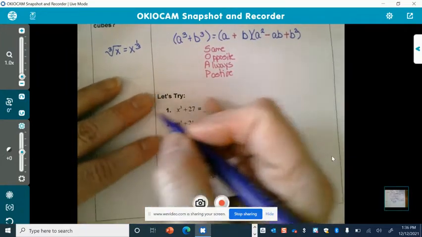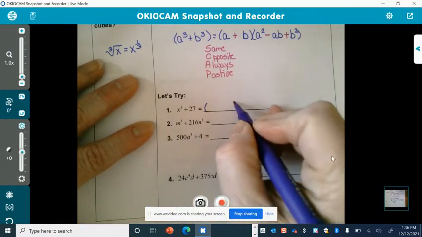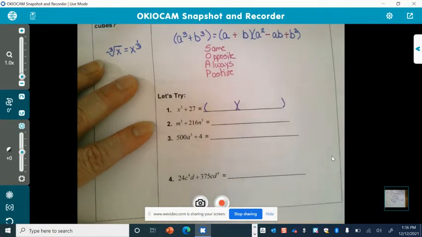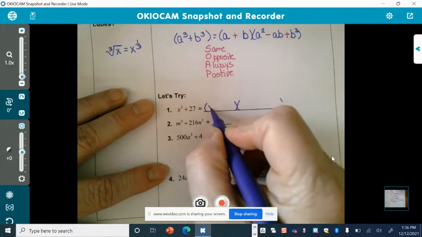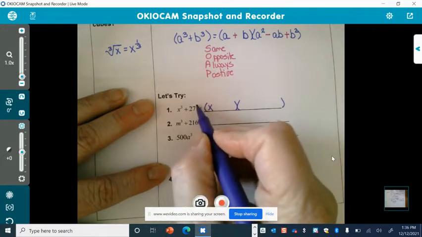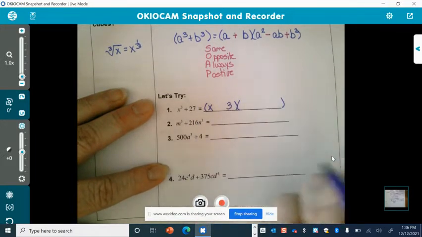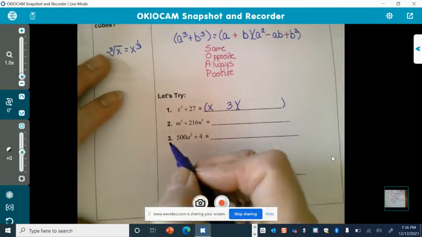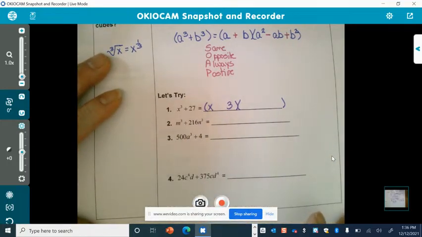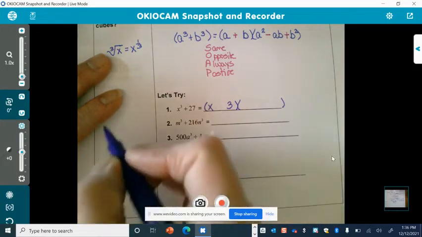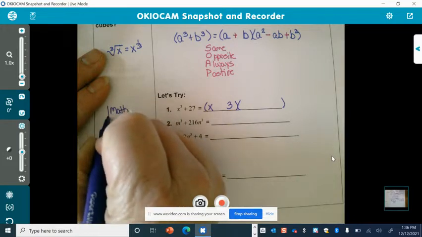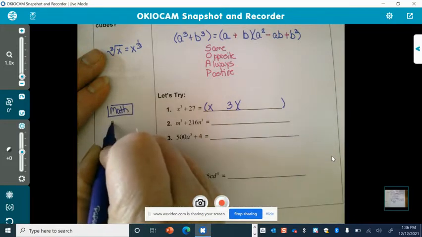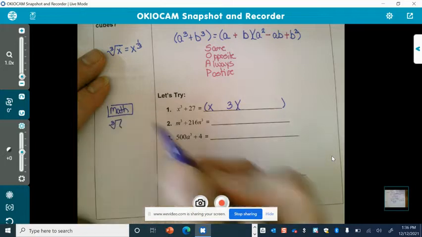All right, there is no greatest common factor, so I'm going to have a binomial times a trinomial. The cube root of x cubed is x, and the cube root of 27 is 3. Now, if you don't have your perfect cubes memorized, or you get a number that's just a bit on the outrageous side, on your graphing calculator, go to Math, arrow down until you see cube root.